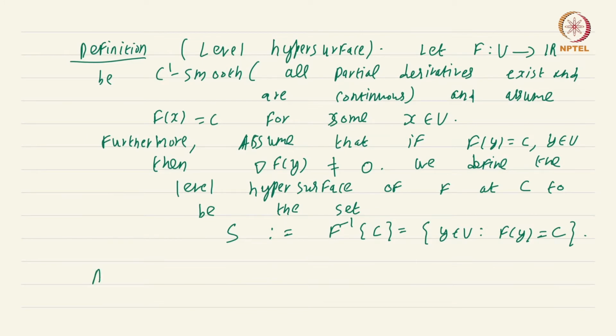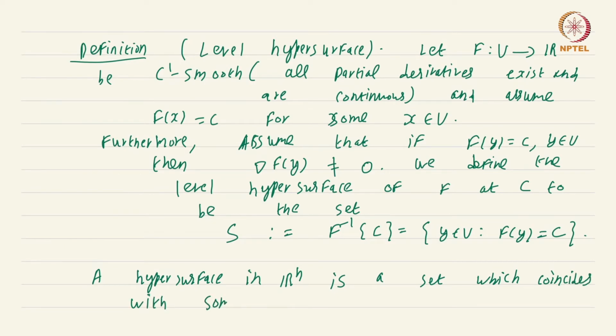A hypersurface in Rn is a set which coincides with some level hypersurface. So it's just a set which is going to be the pre-image of some function that is C1 smooth and such that the gradient does not vanish, and so on and so forth.